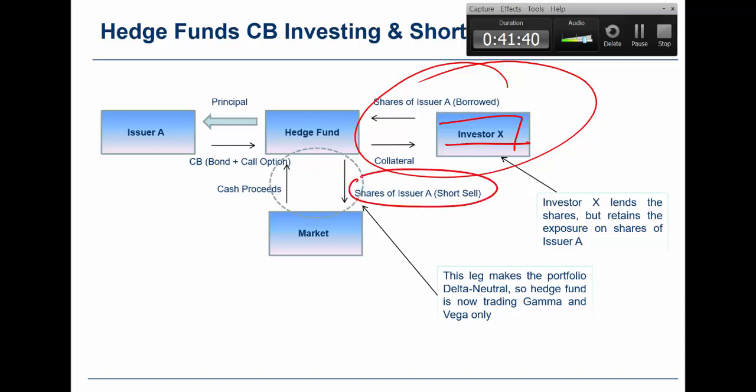Now that is a classic short selling procedure that you follow, and this is how hedge funds trade CBs most of all. Okay, so that is why being able to borrow shares is so important for them.